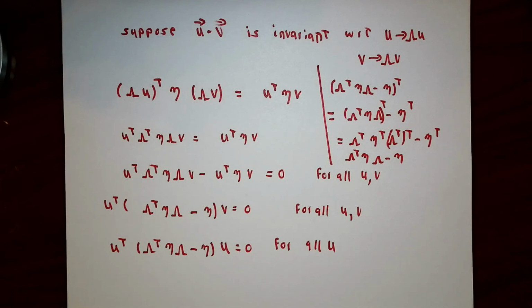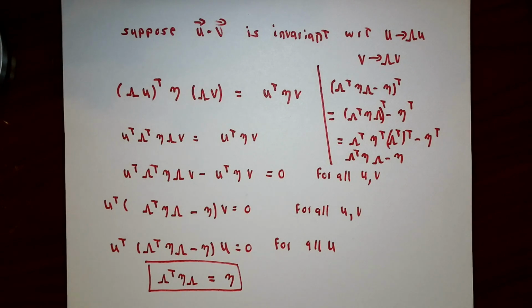This is relevant because we previously had a statement that said if vector transpose matrix same vector is 0 for all choices of u, then that automatically means the matrix in the middle is the 0 matrix. Lambda transpose eta lambda minus eta must be the 0 matrix. Lambda transpose eta lambda must equal eta.